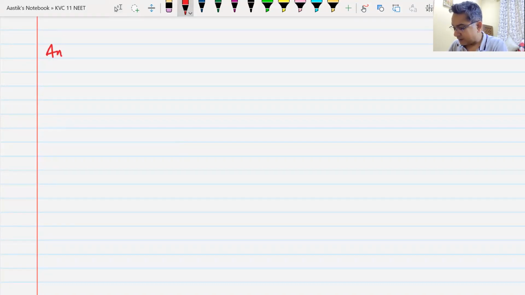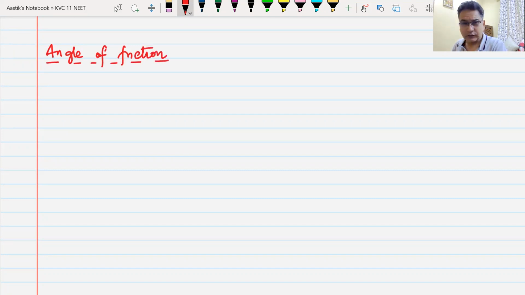Then one more last thing. You can also find the angle of friction. Now, in this case, what is the angle of friction? Do you remember that diagram for angle of friction?